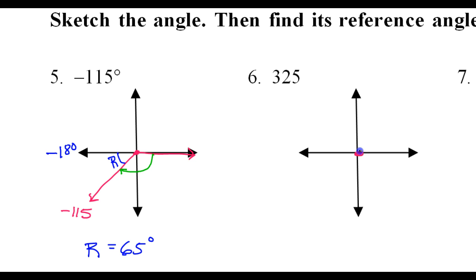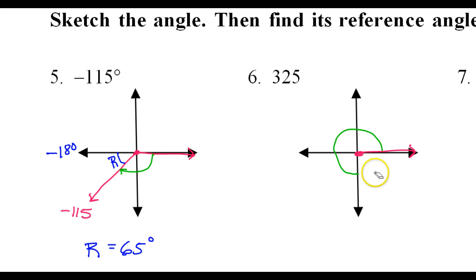Standard position. Let us start on the positive x-axis like you do. As I move around, I got 90 degrees, 180 degrees, 270 degrees right here. Now, if I went all the way to here, that would be 360 degrees.